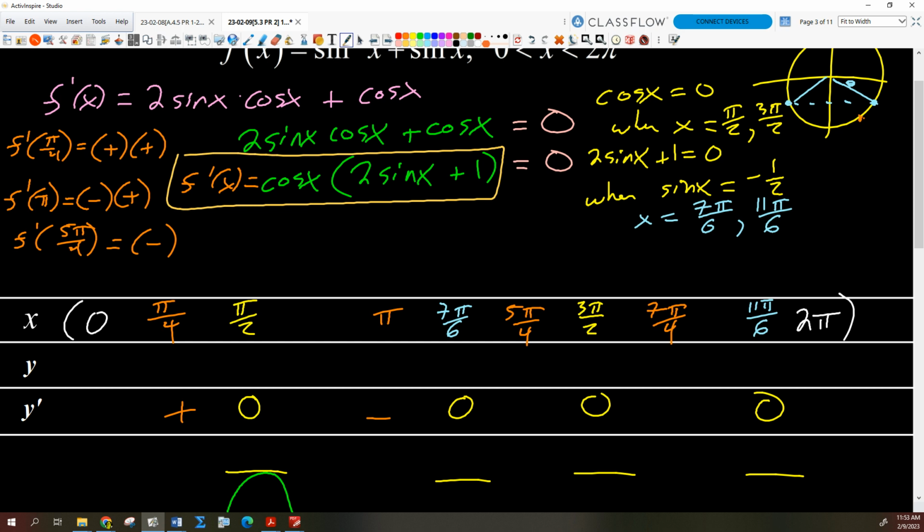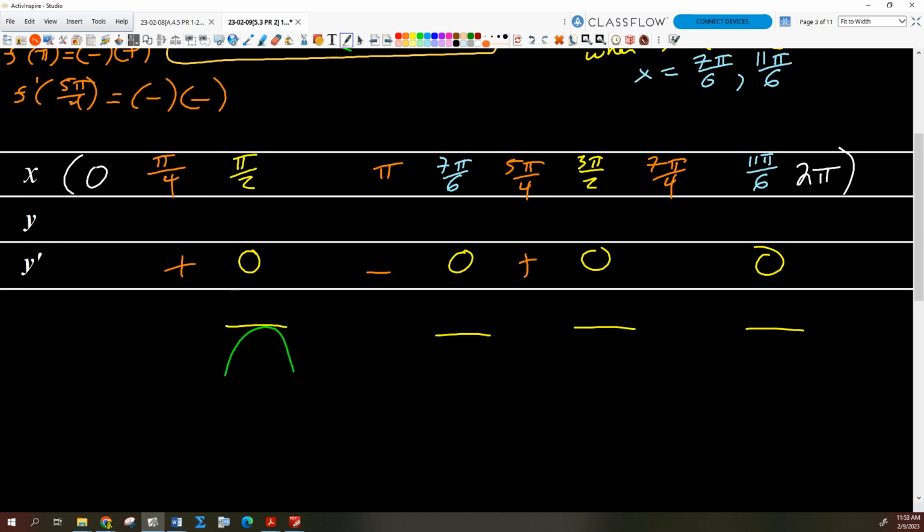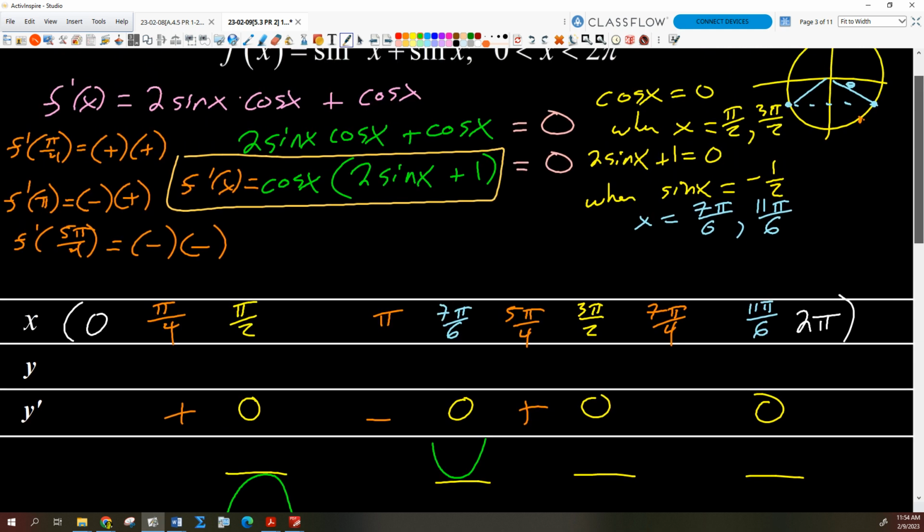Square root of 2 has got to be bigger than 1, doesn't it? So I've got a negative number bigger than 1 plus 1 makes it still negative. So I'm getting negative times negative, which is positive. So then what kind of animal are we dealing with there? I'm going from decreasing to increasing at a horizontal tangent. So we've got a smooth minimum, right?